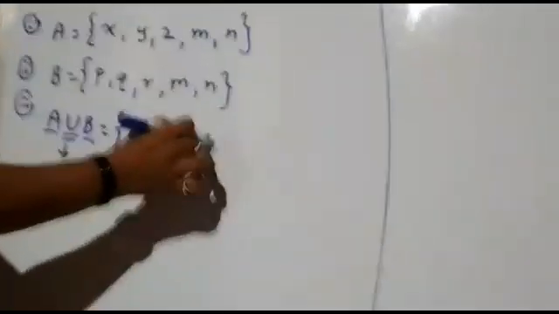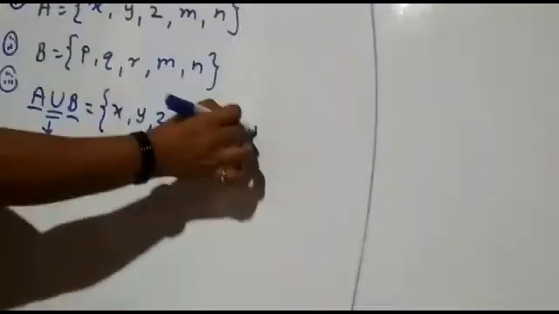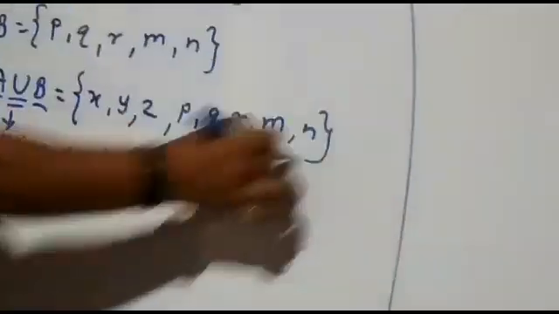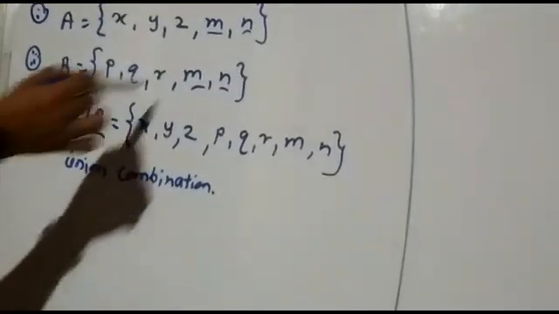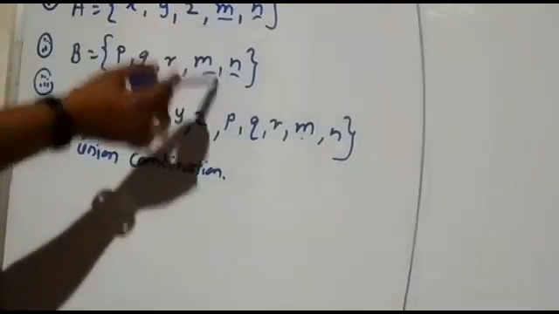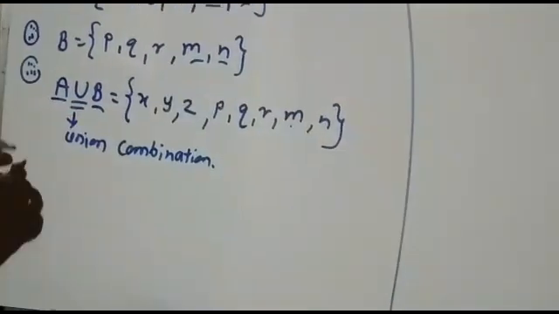Means A and B elements: X, Y, Z, then P, Q, R, and M and N. This is the A union B. Here M and N are present in both A and B sets, so we write them only one time, not double. Only one time we write M and N elements.